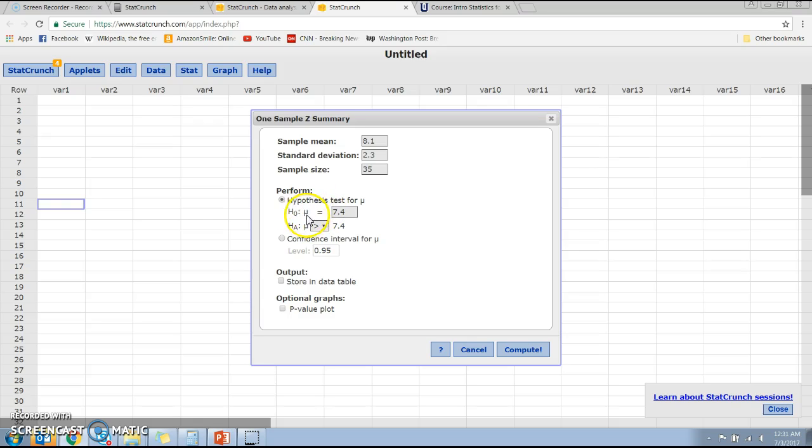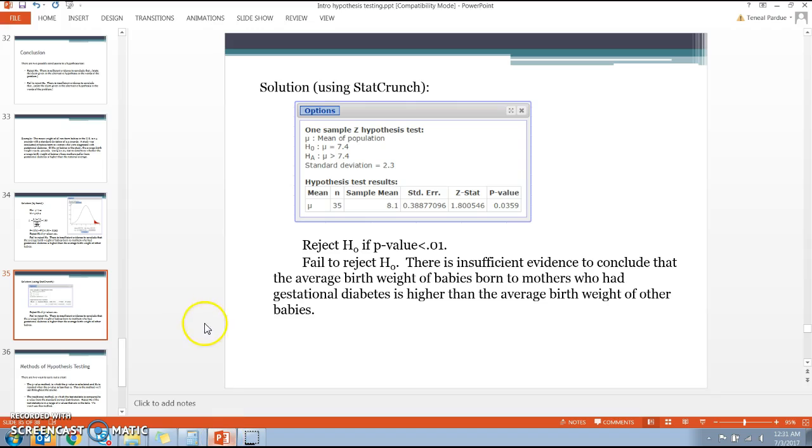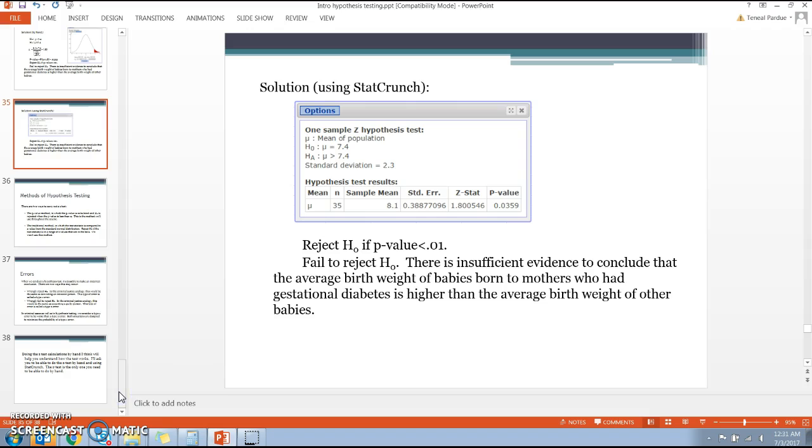Okay, so our hypotheses were mu equals 7.4 versus mu greater than 7.4. We hit compute, and it tells us what our hypotheses were. This gives us our test statistic as well as our p-value. And from there, don't forget, you still have to state the conclusion. All right, so that's nice and easy in StatCrunch.